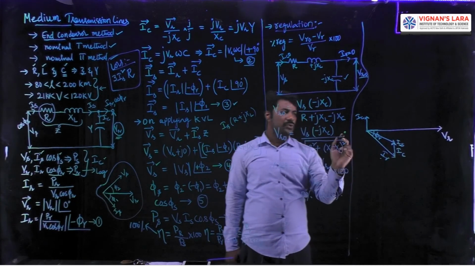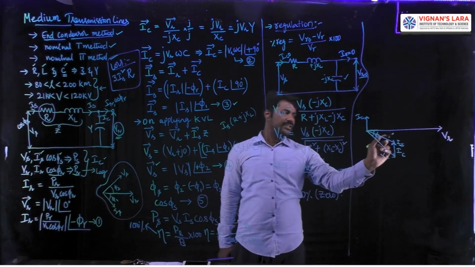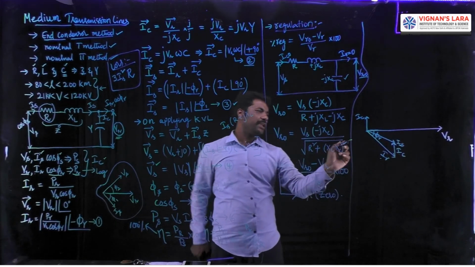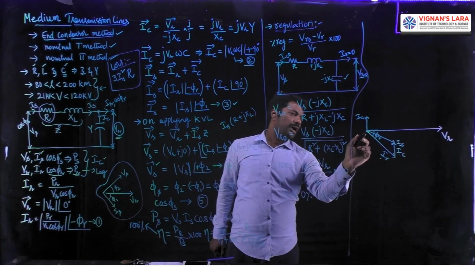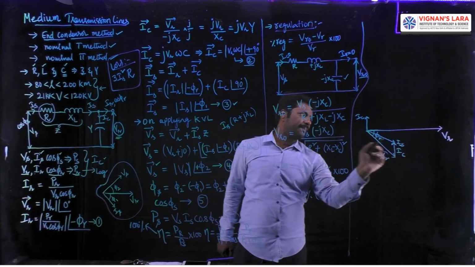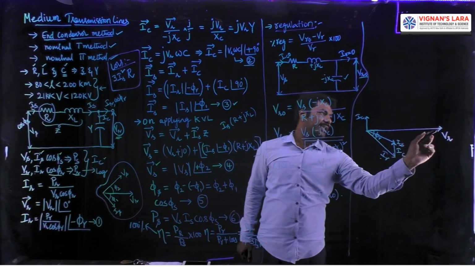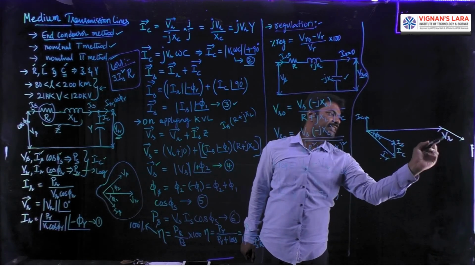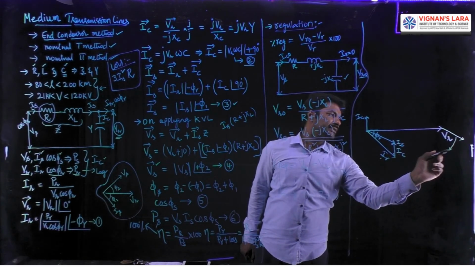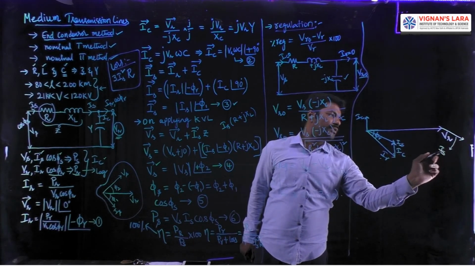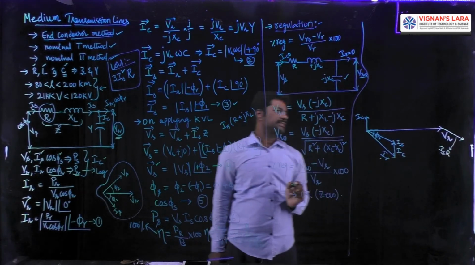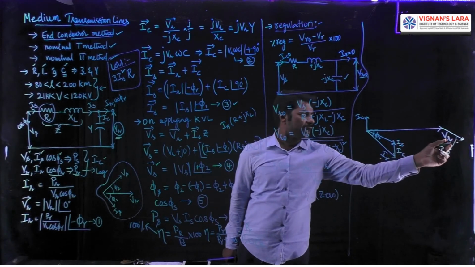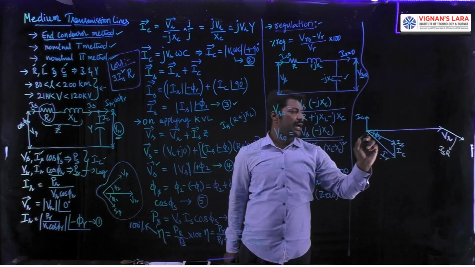Then let us see how to add this. IS into R will be in phase with IS. With whatever the angle IS is obtained, with the same angle I am going to draw the phasor, and this phasor I will call IS into R. This is VR phasor up to here, and up to this point it is IS into R.